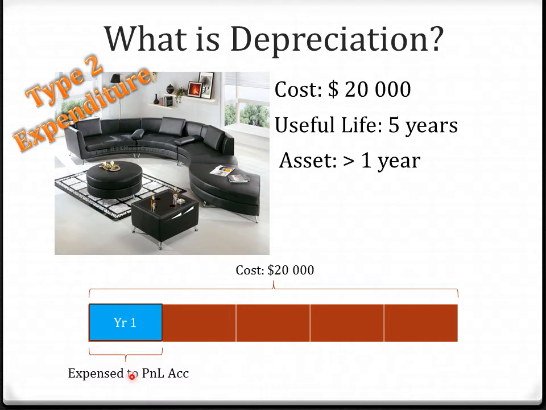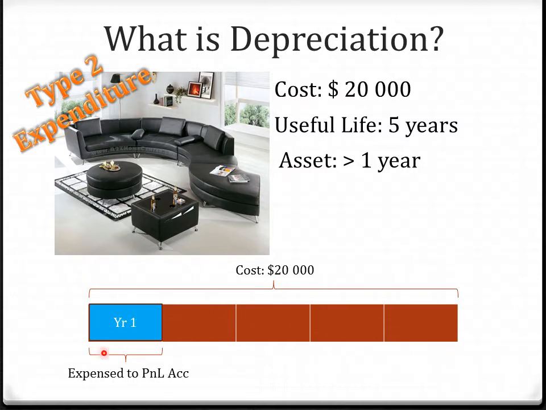So I would expense this to the profit and loss account. And this itself is the depreciation charge. So depreciation is an expense. We are slowly trying to expense the fixed asset across its useful life.